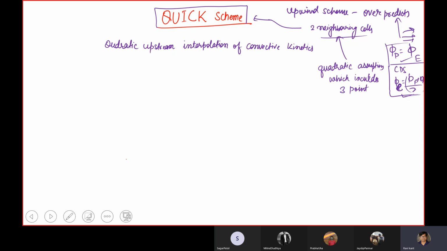So let's suppose I have this as my P node, this is my east node, this is my west node, and one more node I will take as WW.